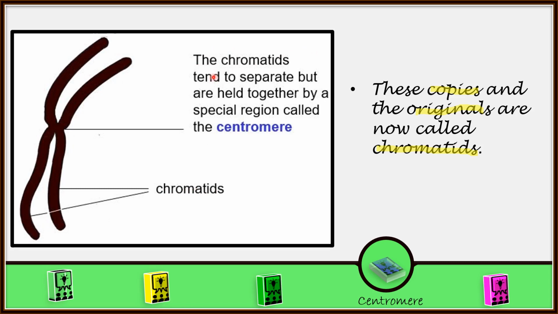Now the chromatids tend to separate but are held together by a special region called the centromere. So they are held together at this point, which we call the centromere.